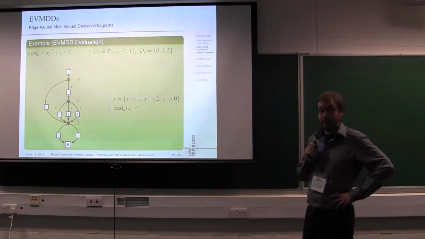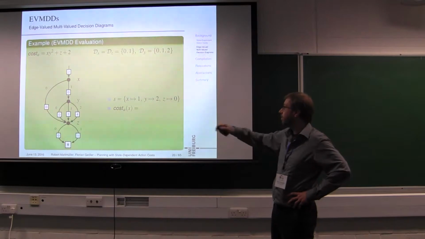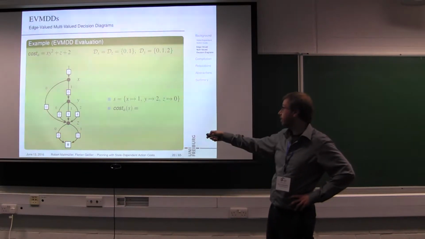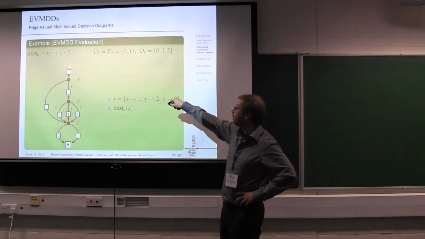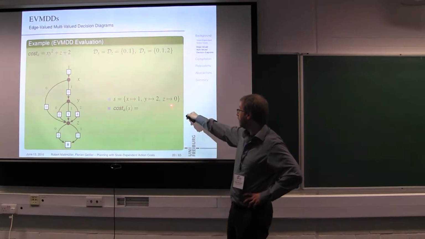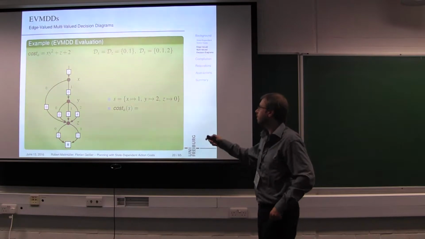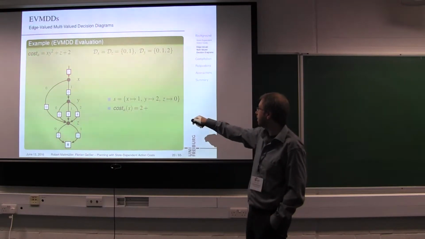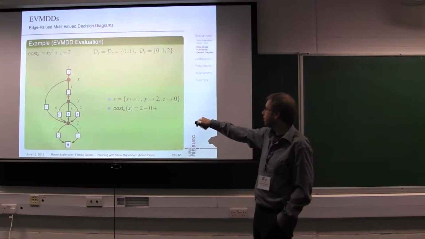How do you evaluate this? Assume you know you're in state S, where x is 1, y is 2, z is 0, and you want to know the cost of action A in state S. Then all you have to do is follow the unique path from top to bottom corresponding to the state, adding up the edge weights. So start here with 2. x is 1, you take this arc, get a partial cost of 0.